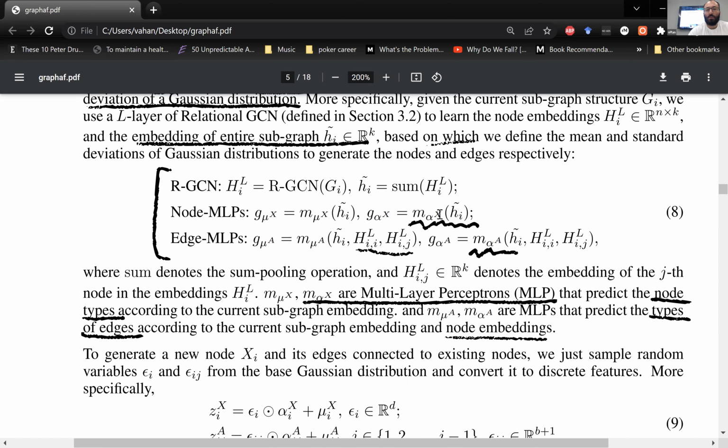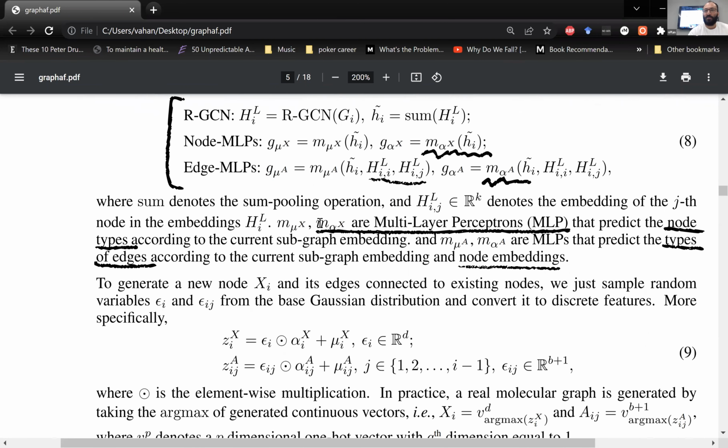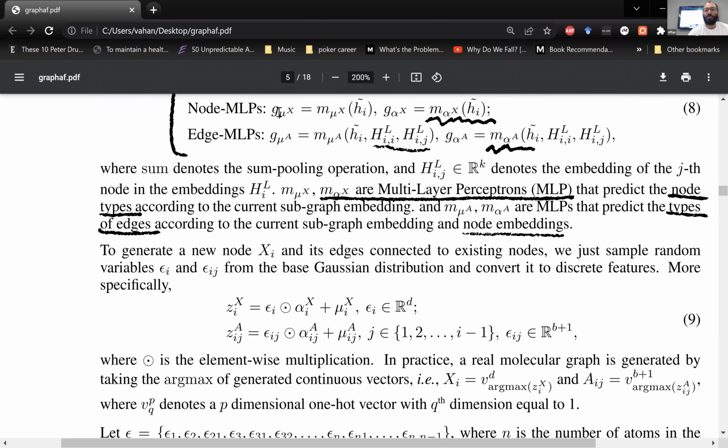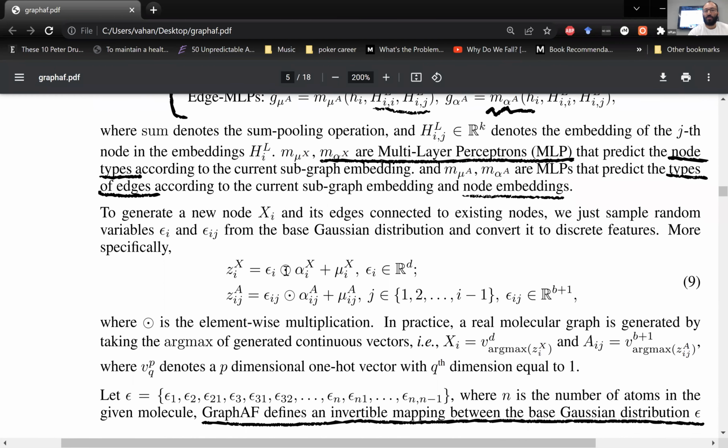So you have some graph embedding, which is the lowercase h in the current iteration, and then you use that to inform your next sample, which gives you the noise generating distribution for the next node, and the edges. So you have distributions for nodes and edges, which you later use to sample epsilons.